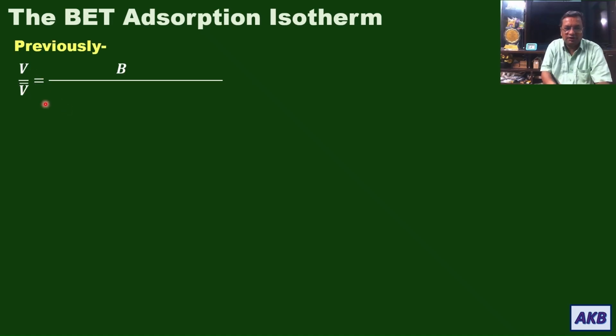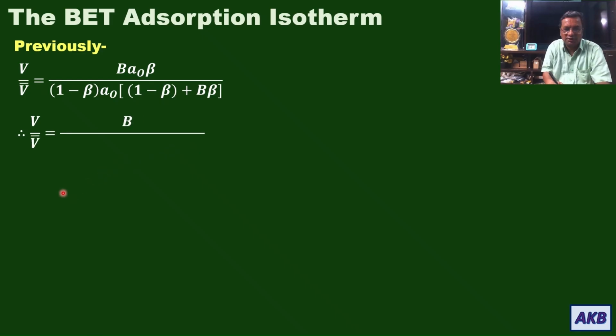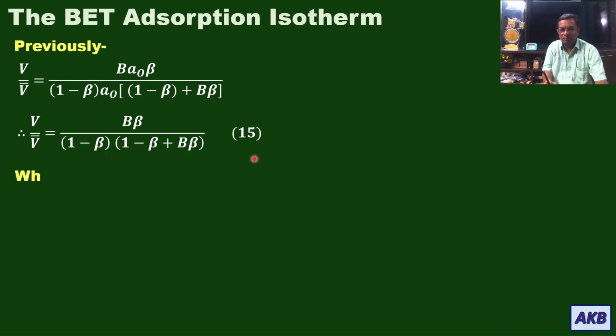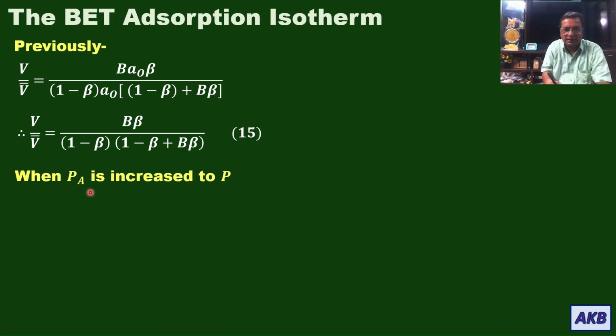Now I'll just rearrange this equation. A naught in the numerator and in the denominator is cancelled out. So now you have v upon v bar is equal to b into beta divided by 1 minus beta into 1 minus beta plus b into beta. I'm calling it equation 15.